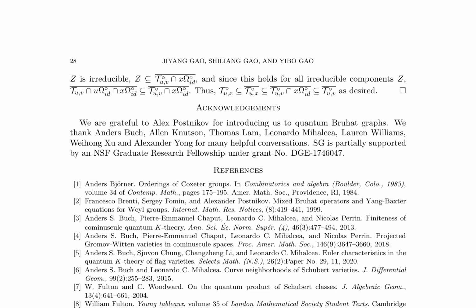This result is proved using a combination of algebraic and geometric techniques, including the use of quantum Schubert classes, quantum Bruhat graphs, and the geometry of Schubert varieties and tilted Richardson varieties.